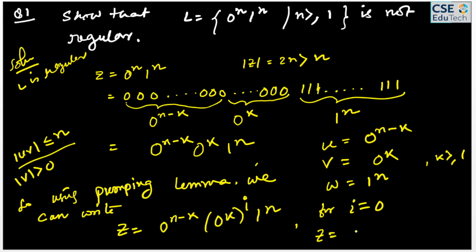Here v to the power 0 has length 0, that means epsilon, so the string will be 0 to the power n minus k and 1 to the power n. But as the string is of the pattern same number of 0s followed by the same number of 1s, the string 0 to the power n minus k 1 to the power n does not satisfy this condition, because n minus k is never equal to n. Why? Because k is greater than or equal to 1.